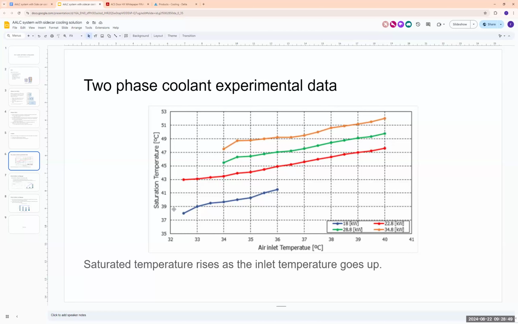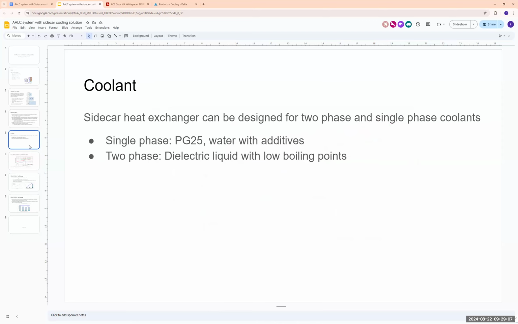I know this data is good. You gave this data based on a single test point, but I'm trying to see if I can compare a little bit between single phase and two phase. So what is the right way to compare that in terms of the coolant?